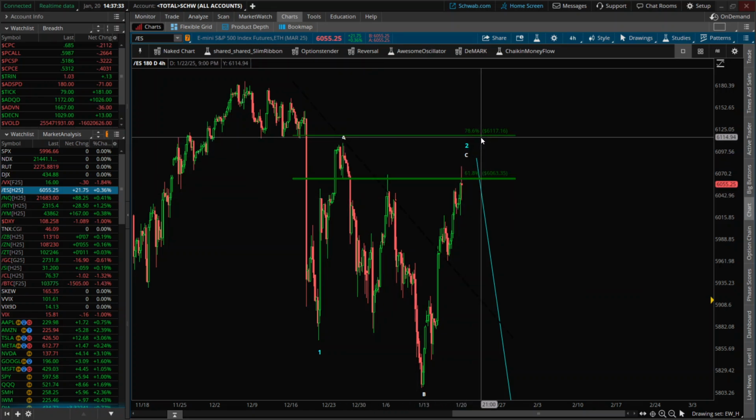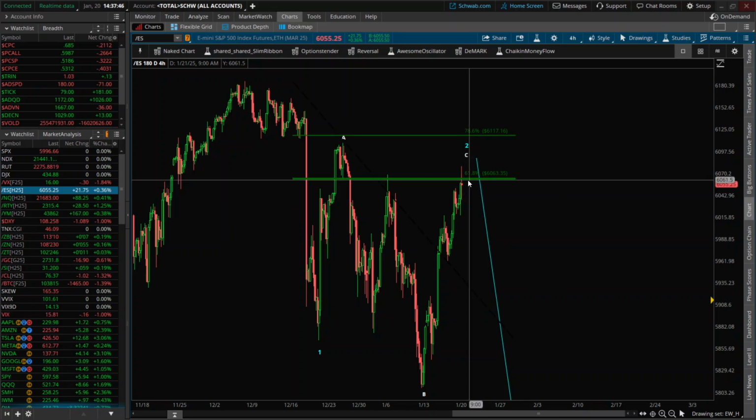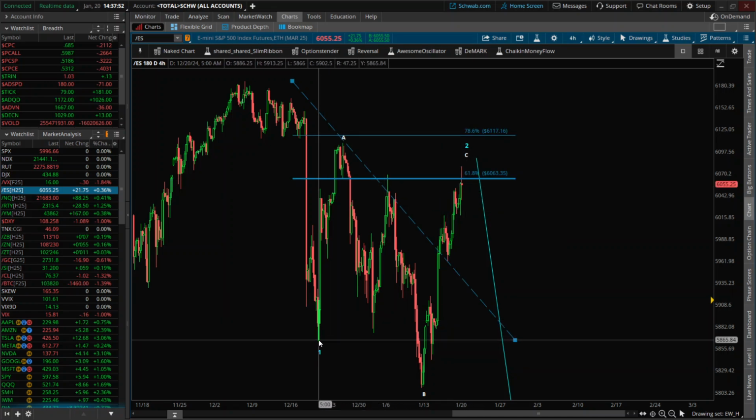If price does go directly up to the 61.17 here, that would be an expanded flat because we made a new high over A. But if we're retracing from this point, which is a very good 62% golden ratio retracement, and that's from the bottom of wave 1.